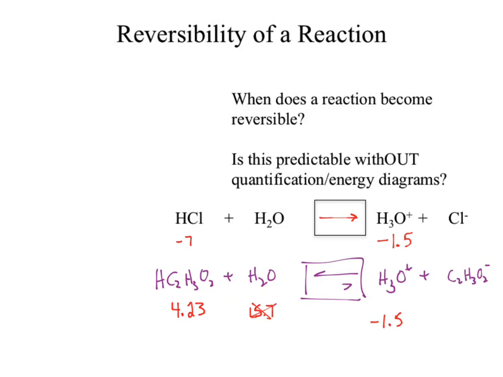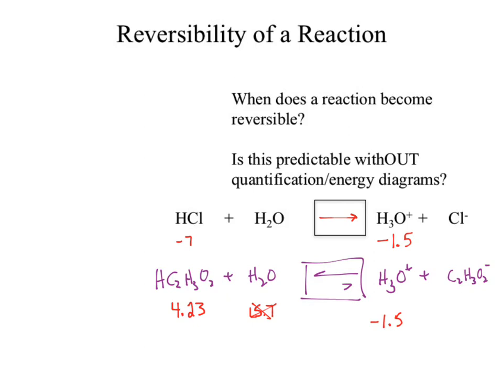The lower the pKa, the more acidic. Which one's a smaller number, -7 or -1.5? -7. It's that stupid negative sign. -7 is a smaller number than -1.5.